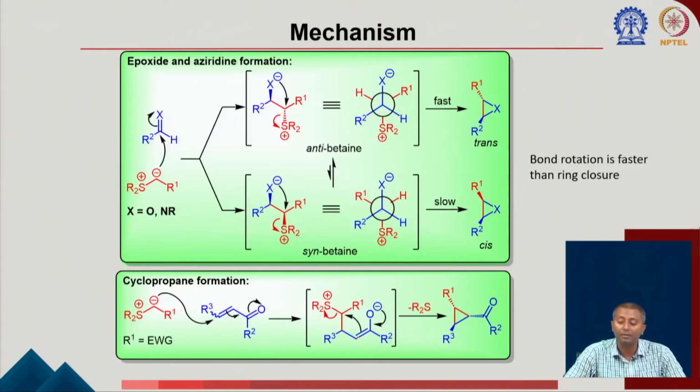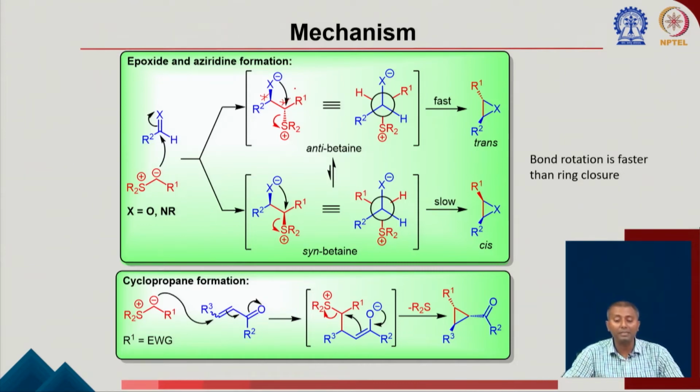What is happening here? Once this carbanion, which is forming here, attacks the corresponding carbonyl group, you can understand we are forming two chiral centers here. Now think about when this nucleophilic attack happens.